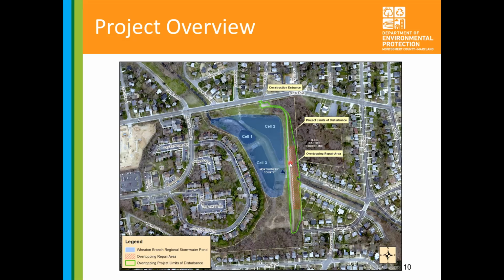Work will be done mostly within the red area here, which is where we're going to apply the overtopping protections, which we'll discuss shortly. We'll be accessing off of Dennis Ave, so that's where a lot of the trucks will be going in and out. And it's all going to be on county property, so there shouldn't be any need for easements or anything like that.